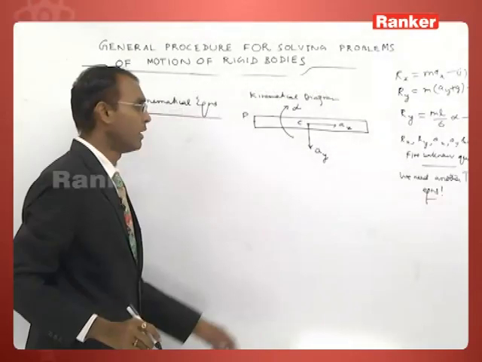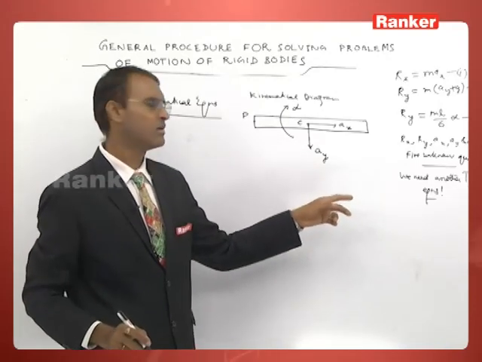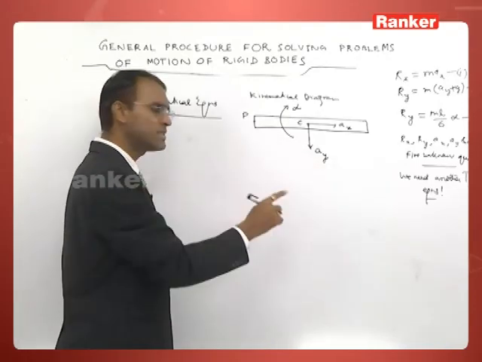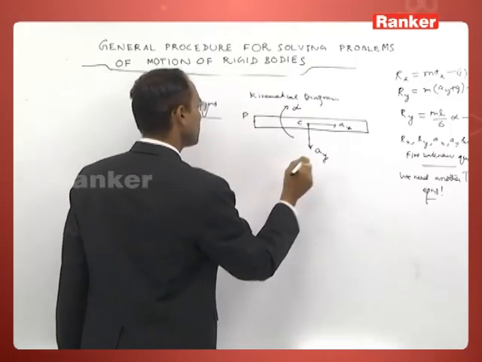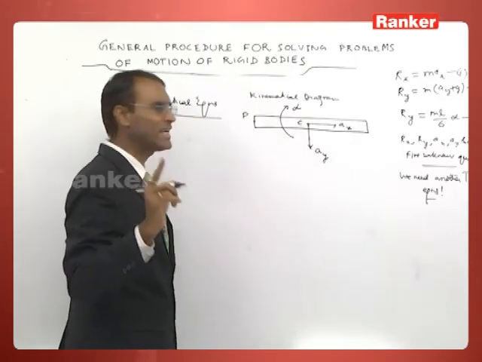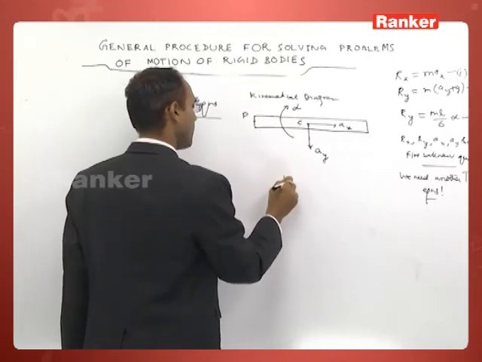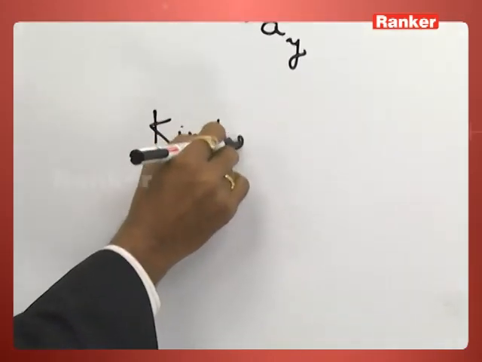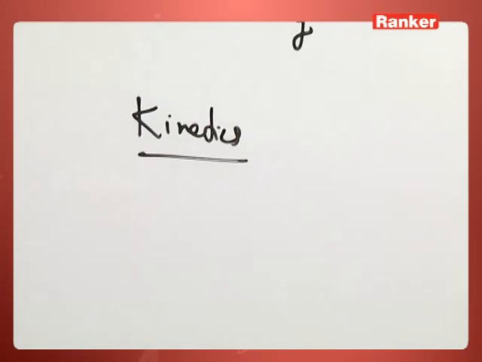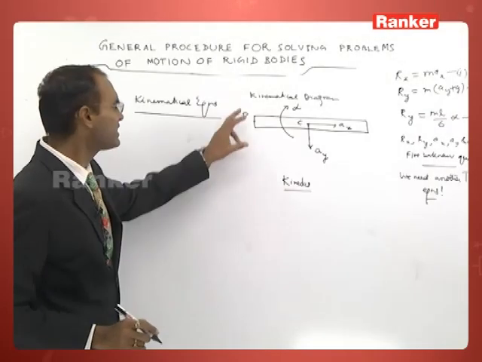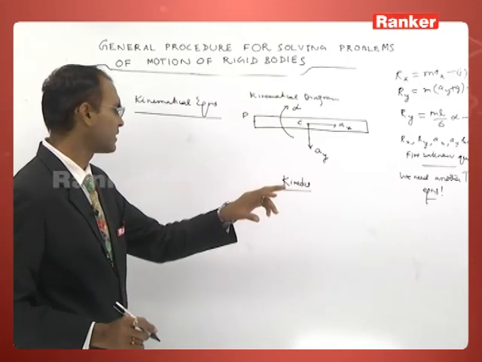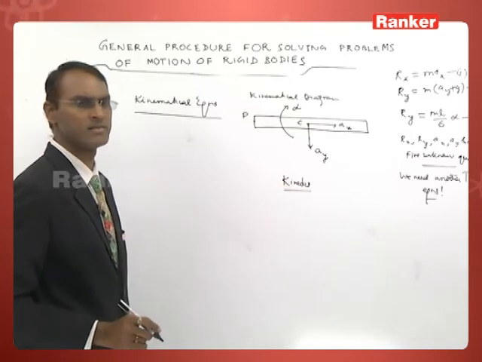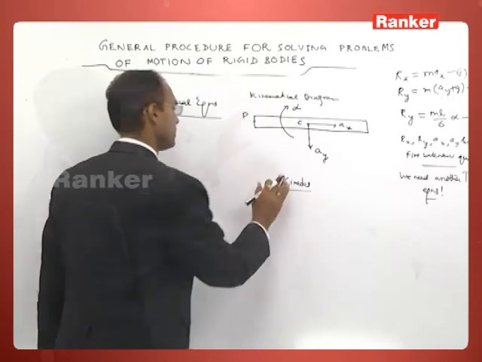And the free body diagram, what we have mentioned earlier, can be called a kinetics diagram. Kinetics. And this diagram is a kinematical diagram. That is the diagram of kinetics or dynamics diagram.